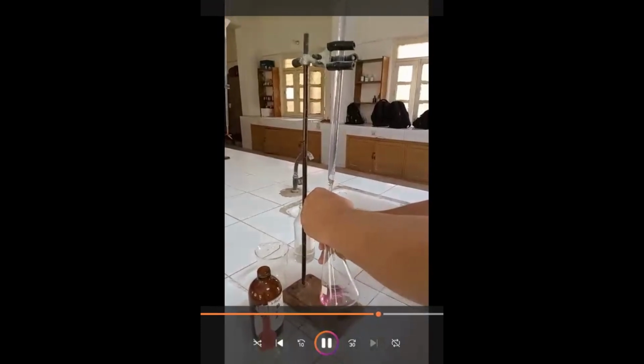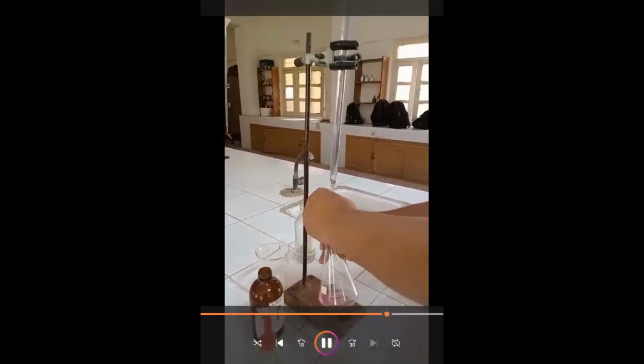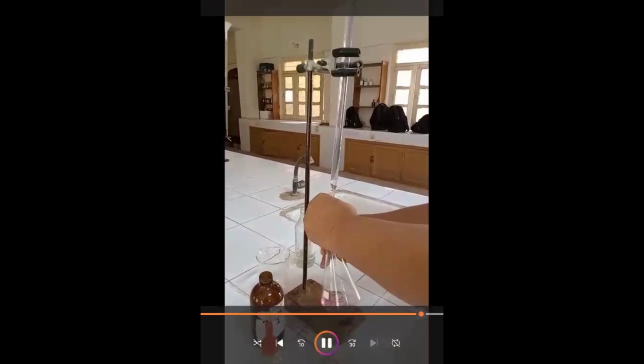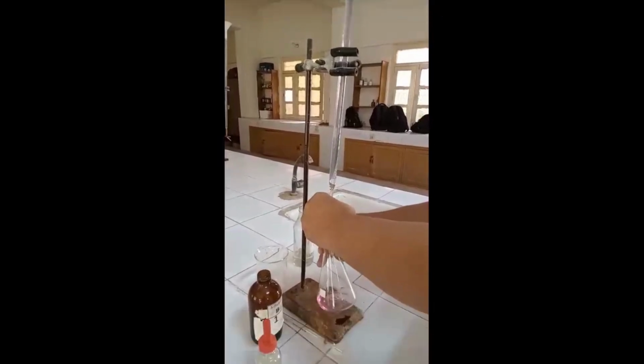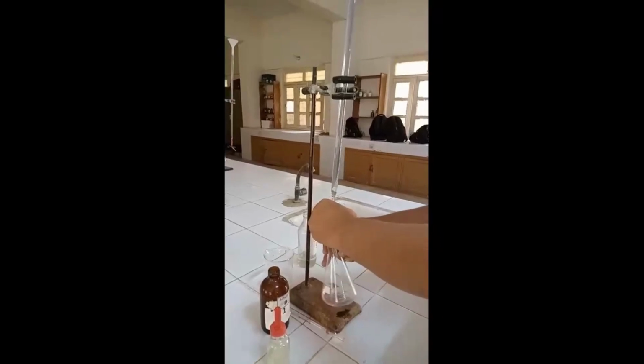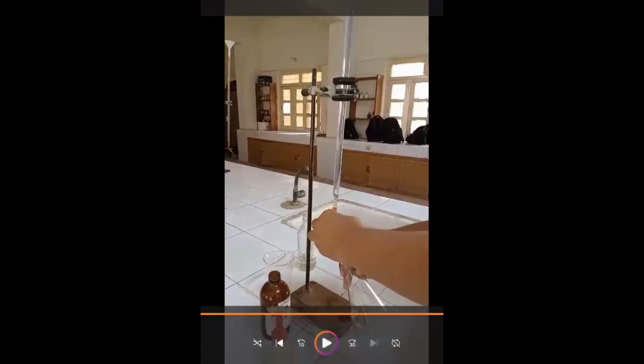See, and finally we have got the end point is very near. Yes, so this is the end point now.